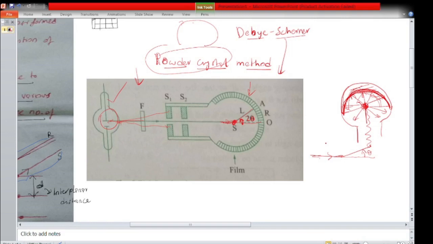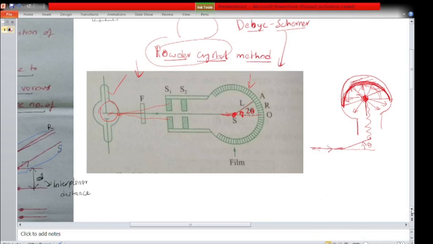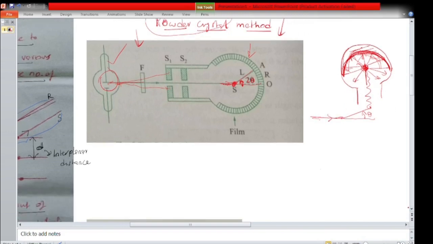From this we can also find out the distance, the d value. If you consider that film, it will be something like this. We will have a center spot and many other circles, something like this.